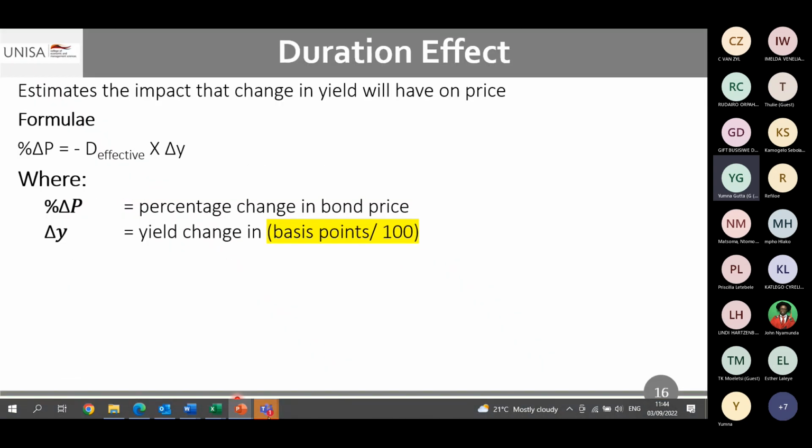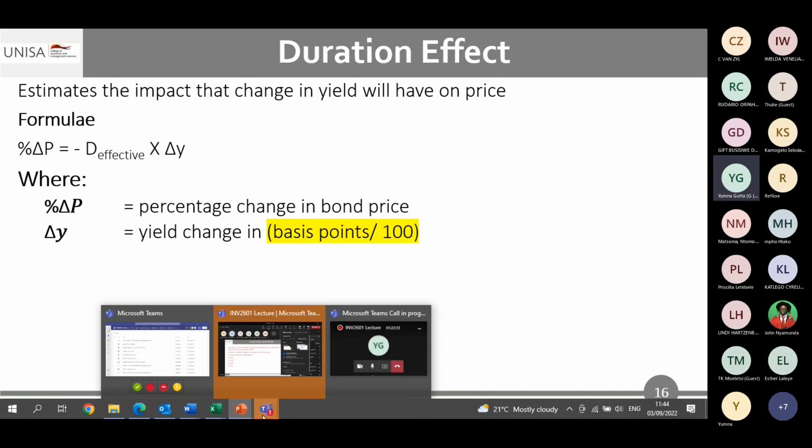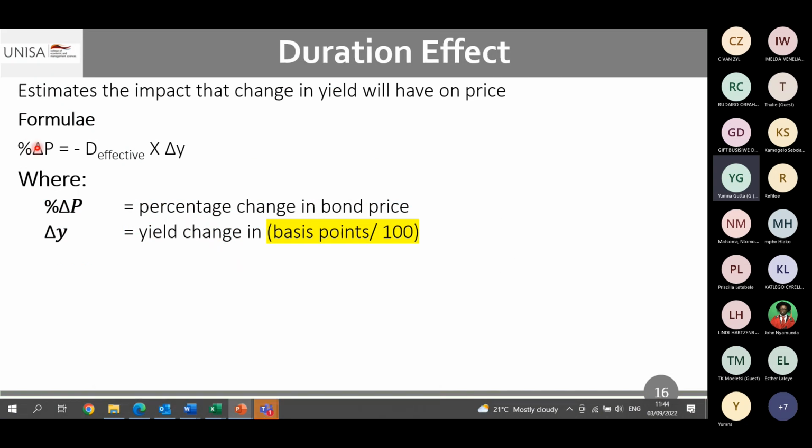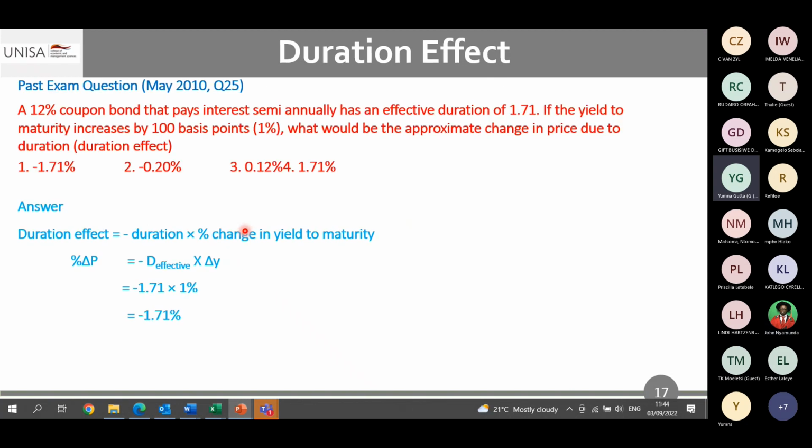So the change in price is equal to minus D effective multiplied by your change in Y. So now you're basically calculating how much the price will change once you've calculated the duration. Let's look at an example to understand it better.